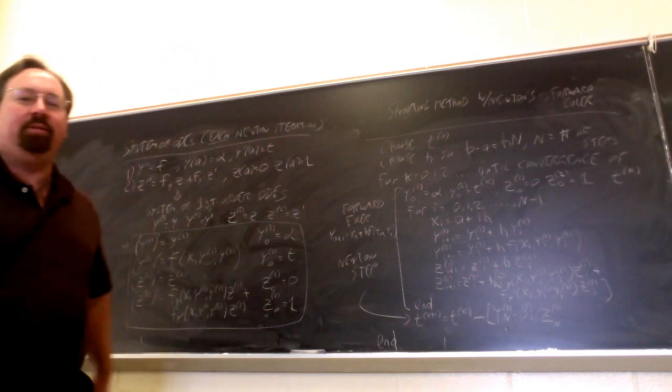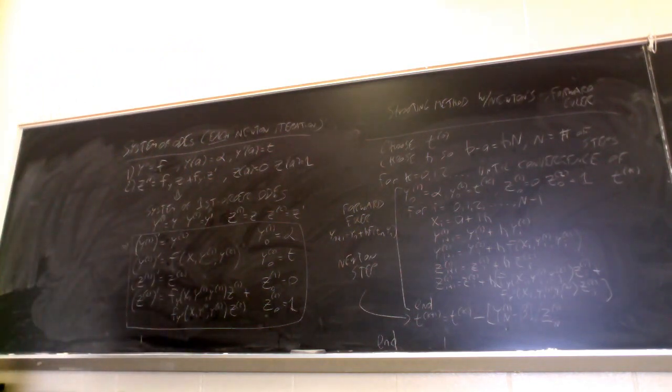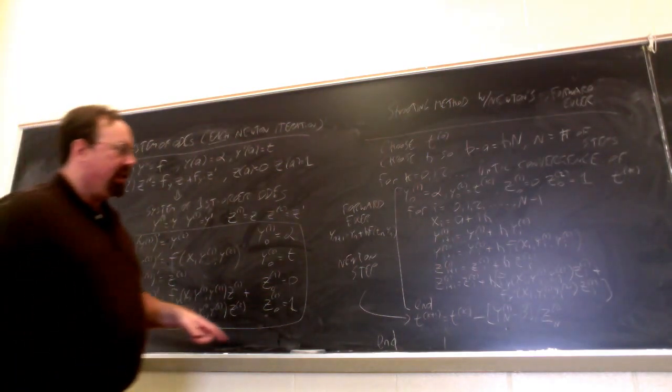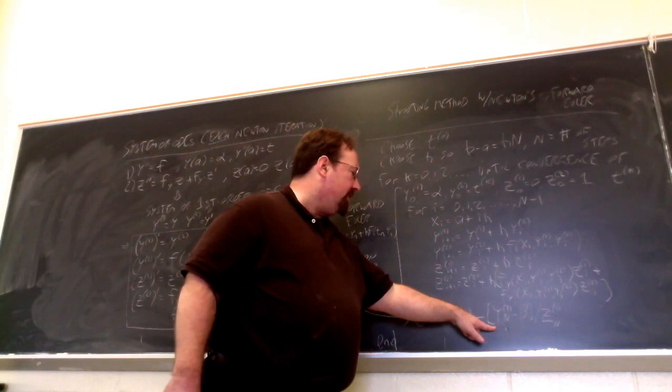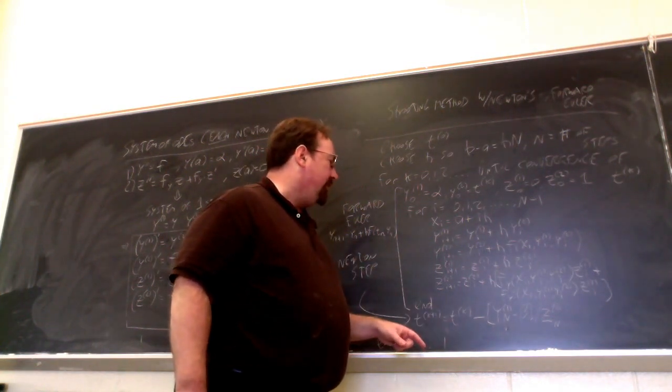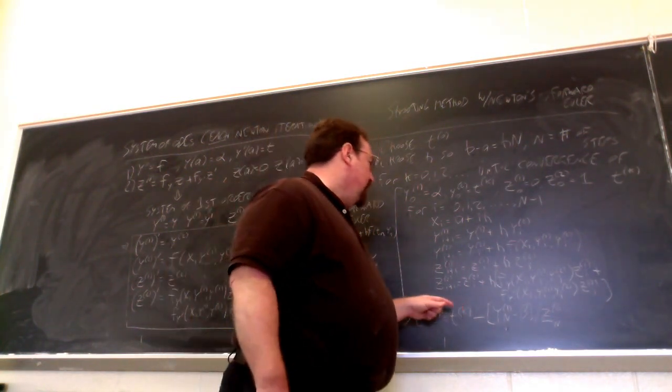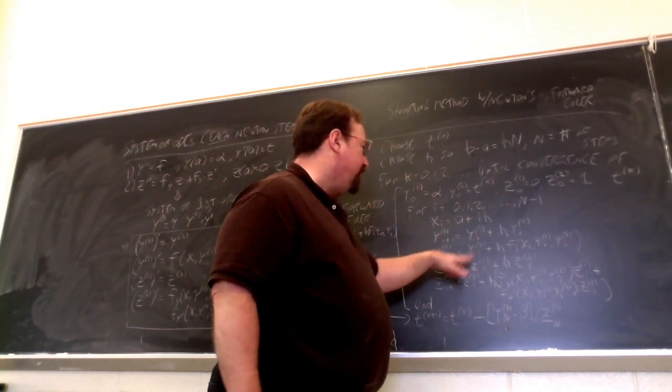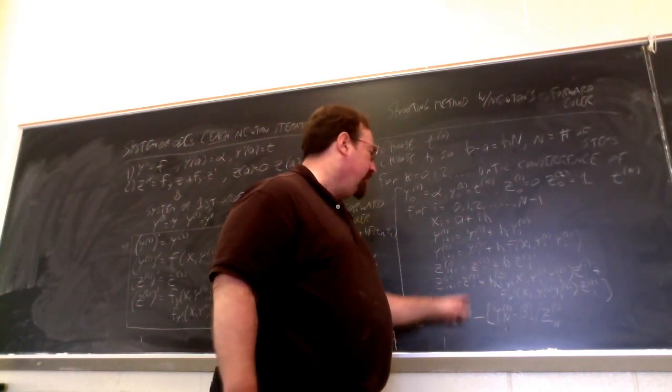So that's what you code for shoot newt. And we only use y1 and z1? Oh, down here? Yeah, but we still need these, because notice they all depend on each other. But that's all we need for a Newton step.